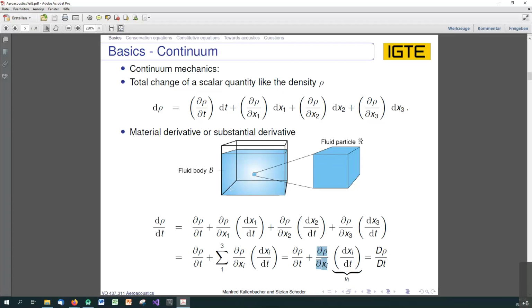And this is exactly the convection. So the travel of the density in space. So you have a kind of density distribution in space, and this will be convected by wind or something like this.